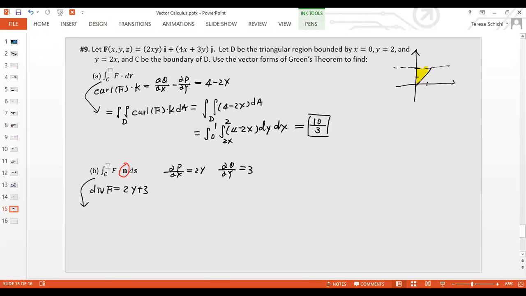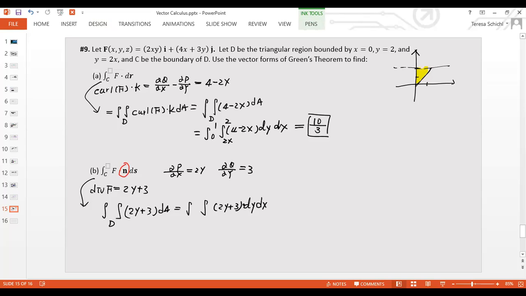Then based on the previous formula, we know the line integral over the normal components is the double integral over the region of your divergence. So it's 2y plus 3 over the region. You can do this the same way as before, dy dx first or dx dy.